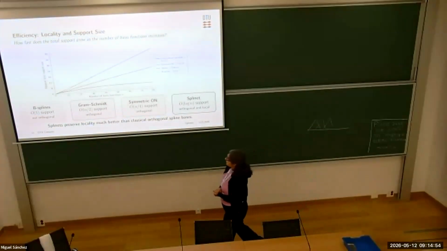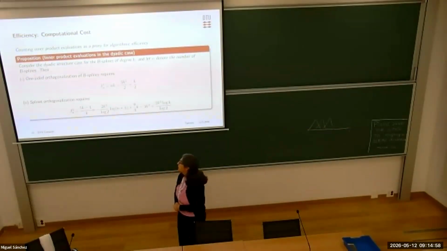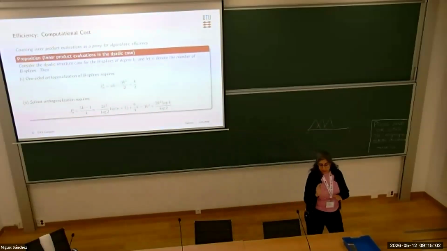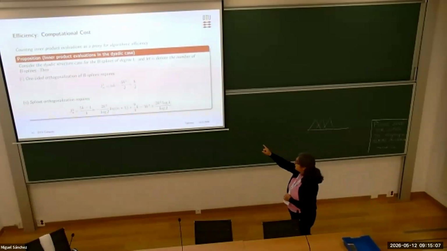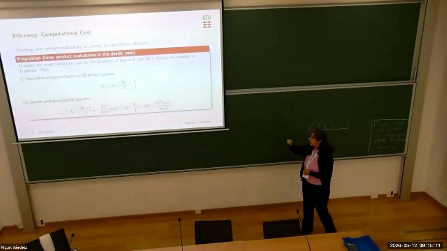The other type of efficiency we were measuring is how many inner products we have to do. Because, you know, if I want to orthogonalize with respect to Gram-Schmidt, I have to do many multiplications. Gram-Schmidt, we sometimes call one-sided orthogonalization, actually.